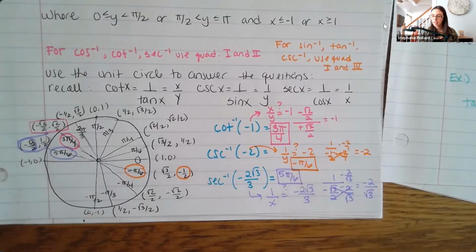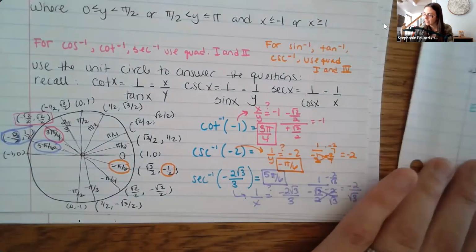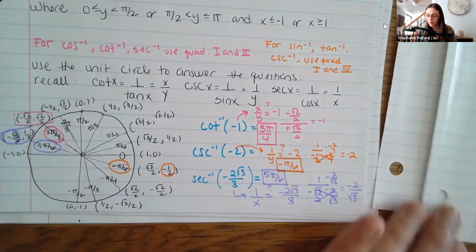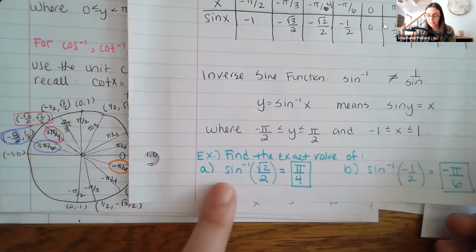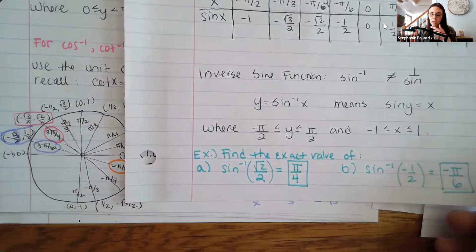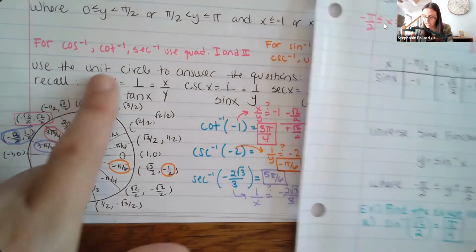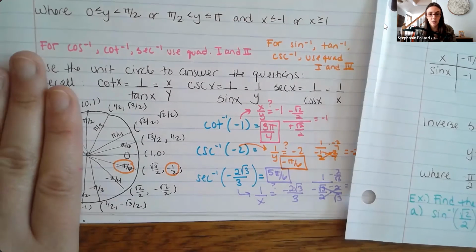That's how you can do it, again, using the unit circle instead. And you can try it even with some of the values that we already did, right? So if I go back to my first problem in my last video, I was doing inverse of sine. Let's say I didn't have my table with me, I just had a unit circle. Again, for sine, you're using the first and fourth quadrant, so you're using these two.